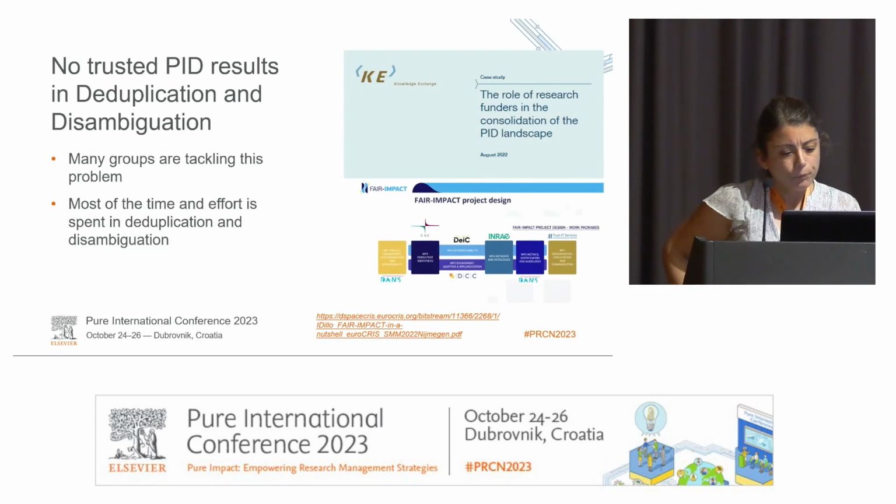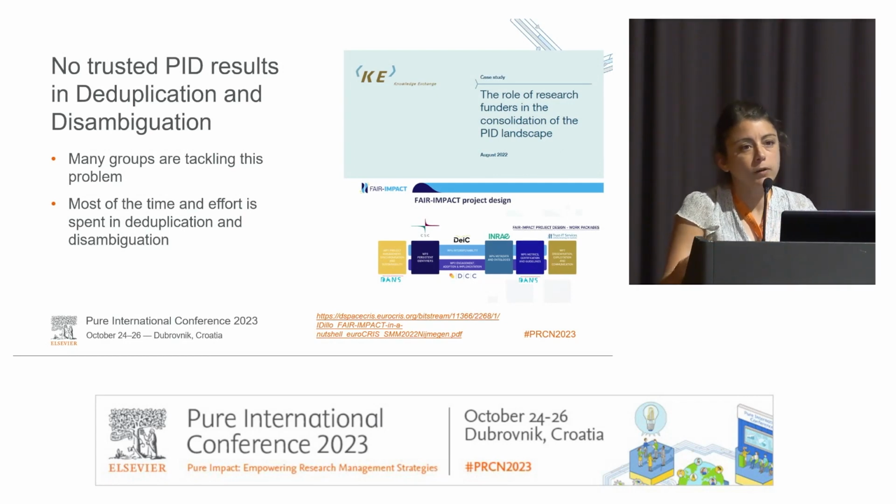So what we need, and what we don't have yet, are IDs that we can trust. As I mentioned before, especially when we're using different systems, different sources, different databases, we need to be able to deduplicate the data that we're bringing in and also disambiguate this data.